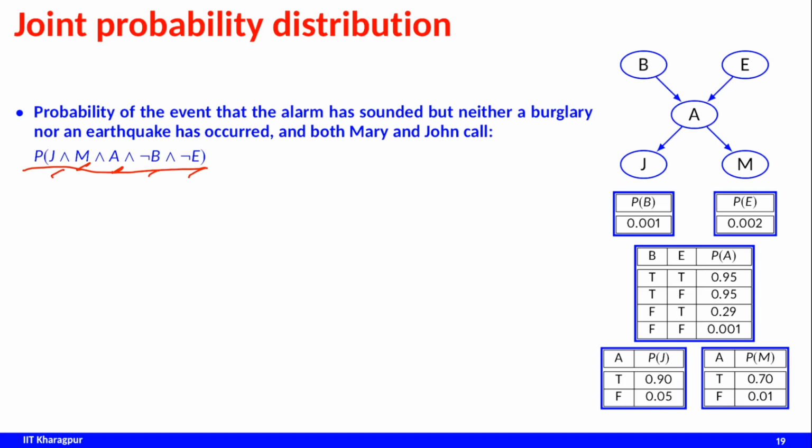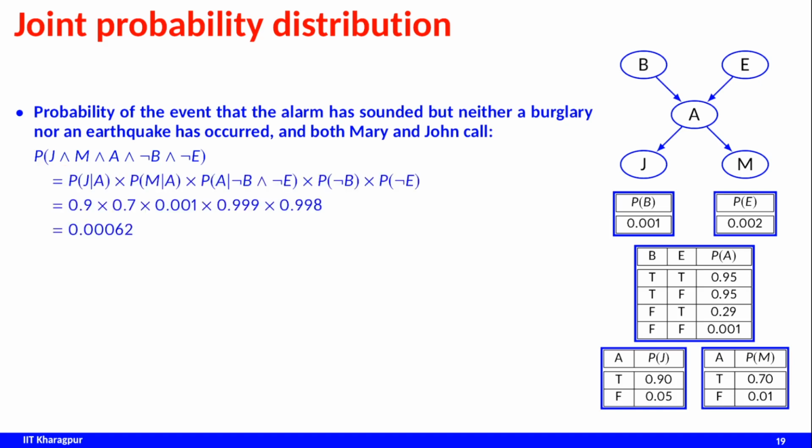In order to determine this, we can break it up into conditional probabilities, using the chain rule, and we'll look into the structure of the belief net. Based on that, we can compute it. In this case, when I say probability of J and M and A and not B not E, I can represent that in this manner.